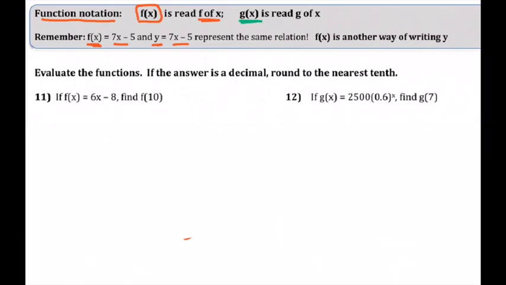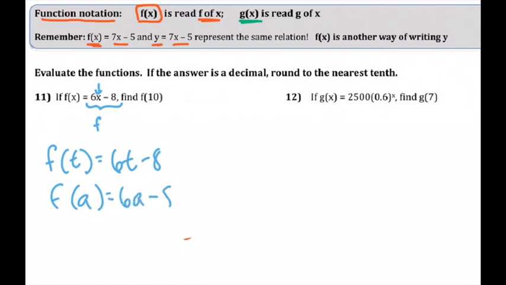So let's start with a function. So number 11, it says if f of x is equal to 6x minus 8. Okay, so first off, this function has a name, and that function's name is f. And it's equal to f of x because the input variable is x. If it was f of t, then it would be 6t minus 8. If it was f of a, then it would be 6a minus 8.